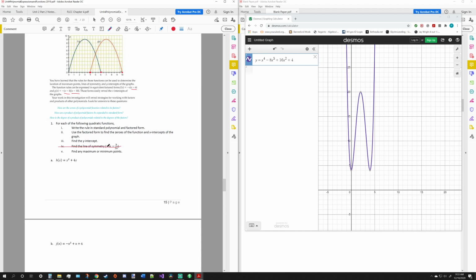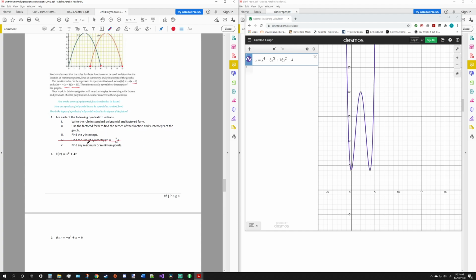We'll do that with the quadratic functions. And then find any maximum or minimum points. So that you can do in your calculator. Okay? All right. So when I factor this, remember, check for GCF first. I can factor an x out.